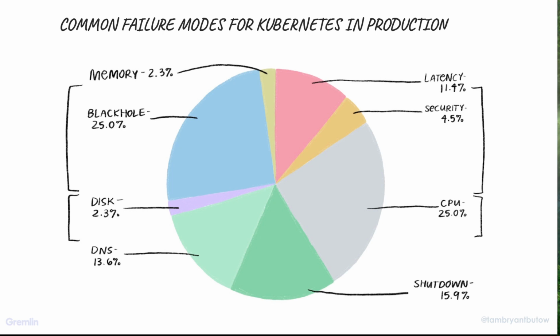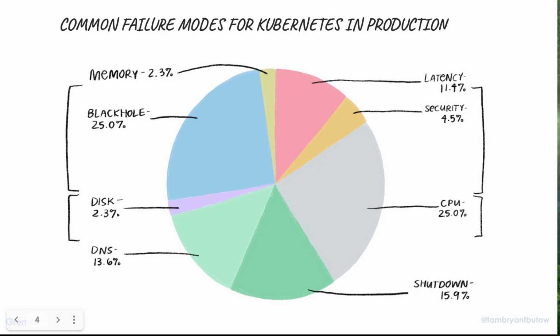So these are the common failure modes for Kubernetes in production. What I've done is take all of the data from previously reported Kubernetes outages and bucket them by type. For example, you can see that black hole and CPU are two of the biggest ones.